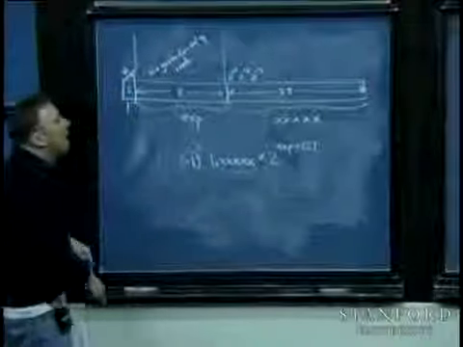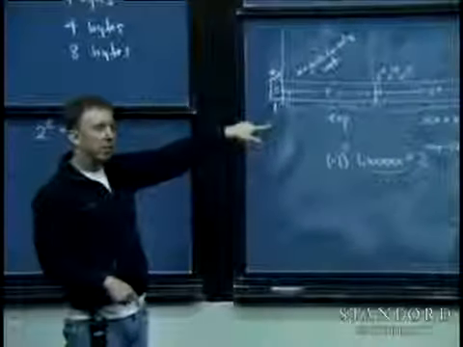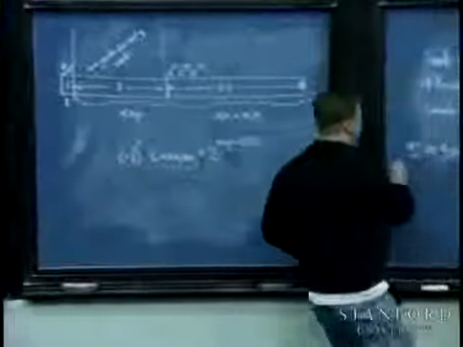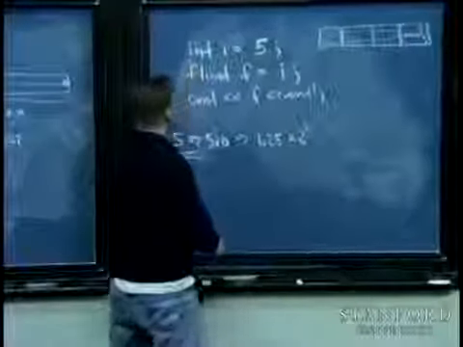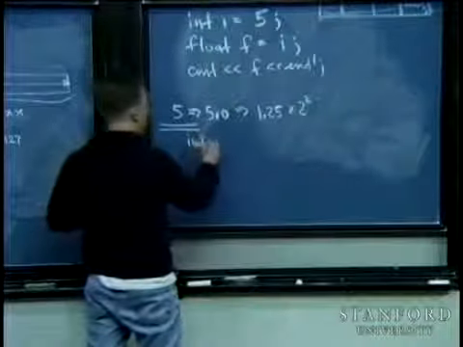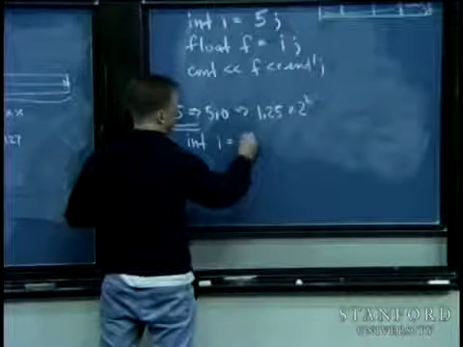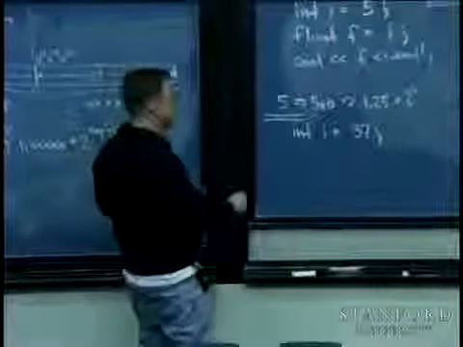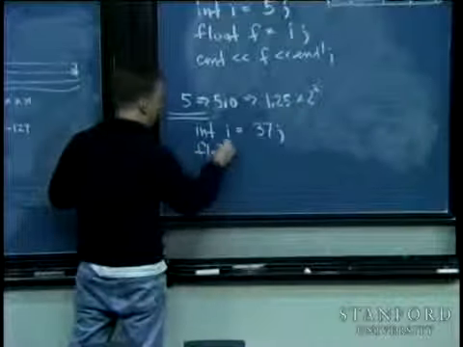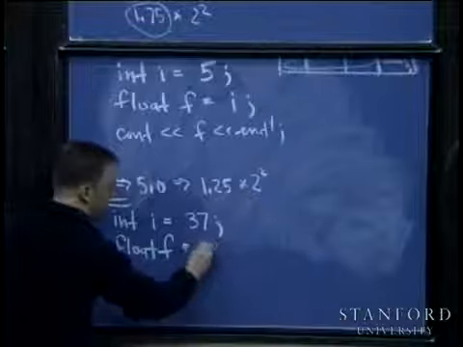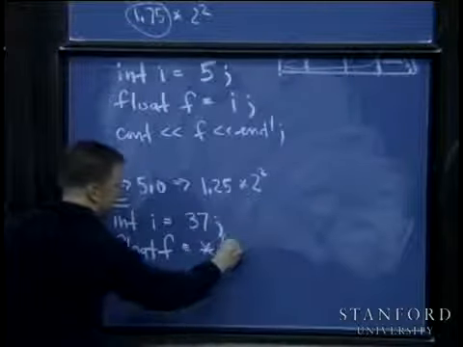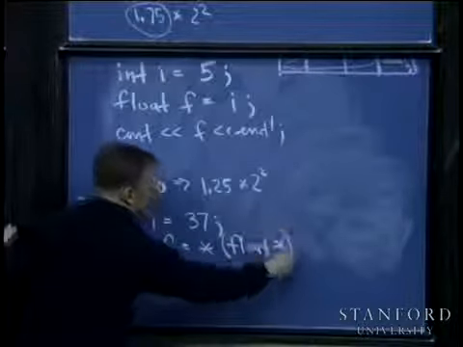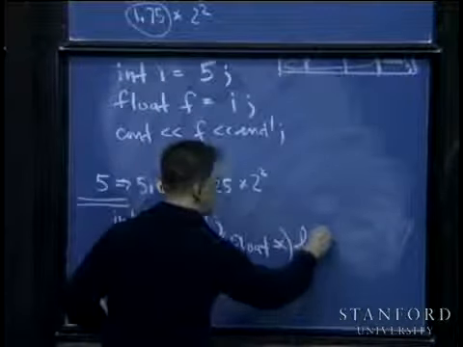This is very different, and this is where things start to get wacky, and this is what 107 is all about. If I do int i equals 37, and then I do float f equals asterisk, you're already scared, float star ampersand of i.